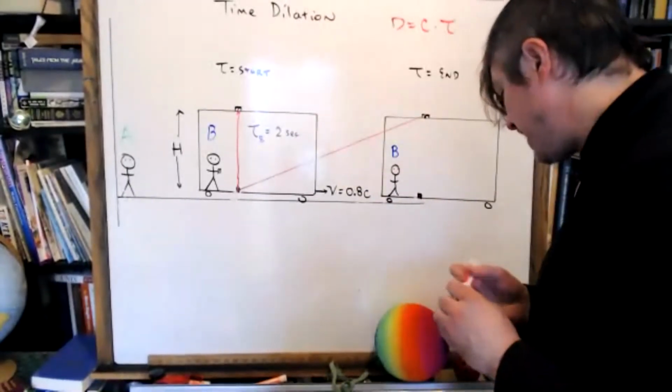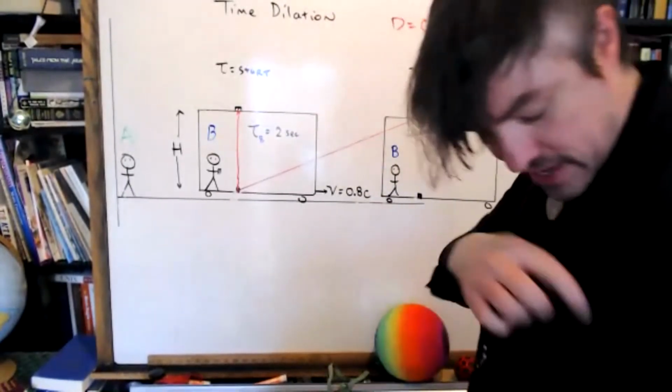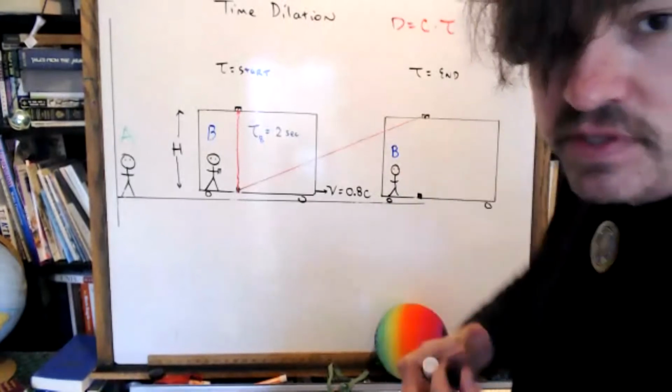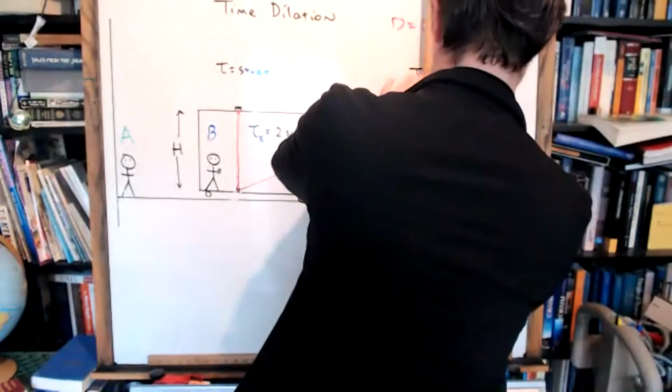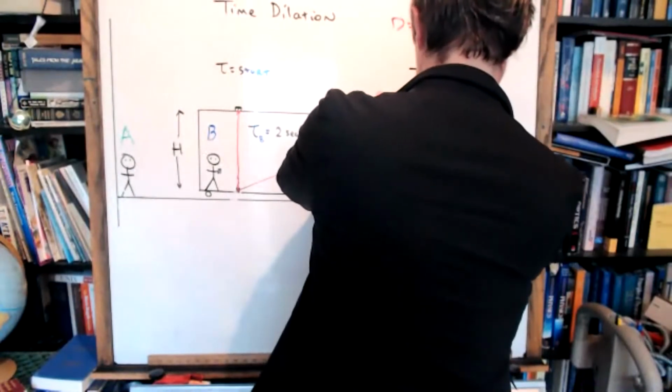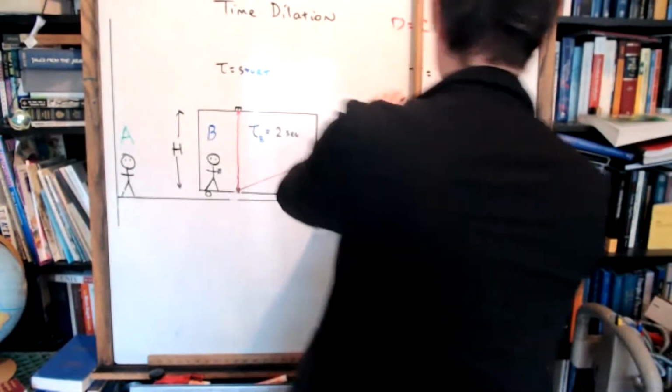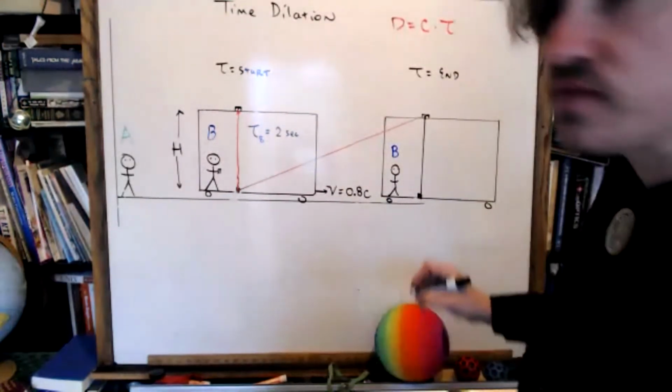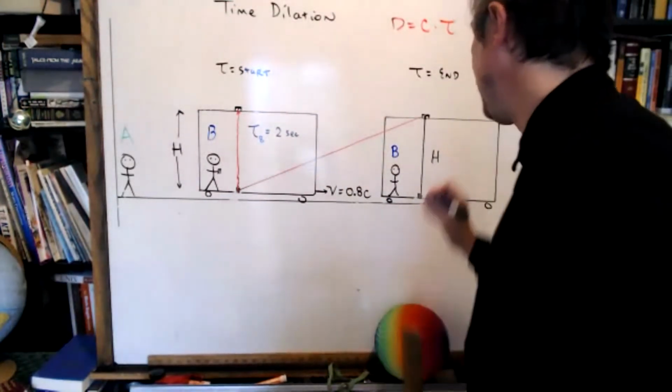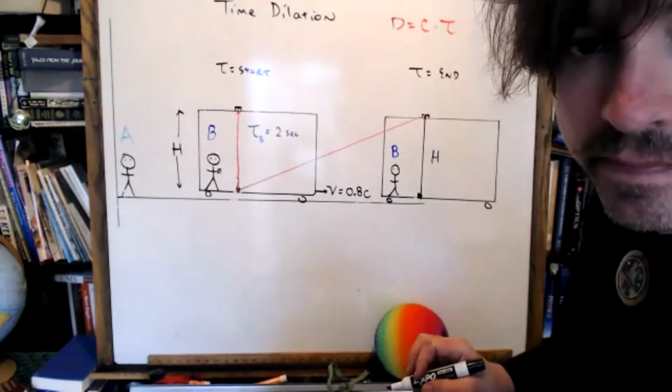Okay, watch this. I'm going to construct myself a big old right triangle. This side of the right triangle is called H. It's the height of the car.